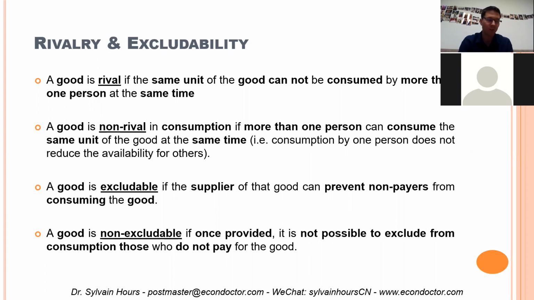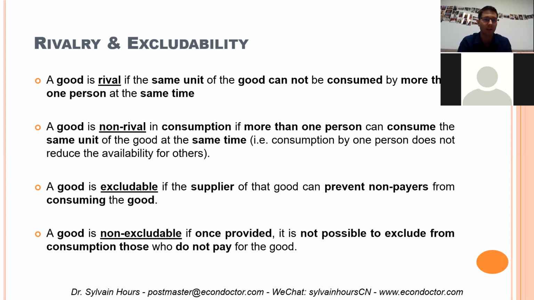Sometimes, in some textbooks, they add a third property, which is non-rejectability, which is the idea that you must consume a public good. It's not possible to choose not to consume it. So the typical example would be a national defense.